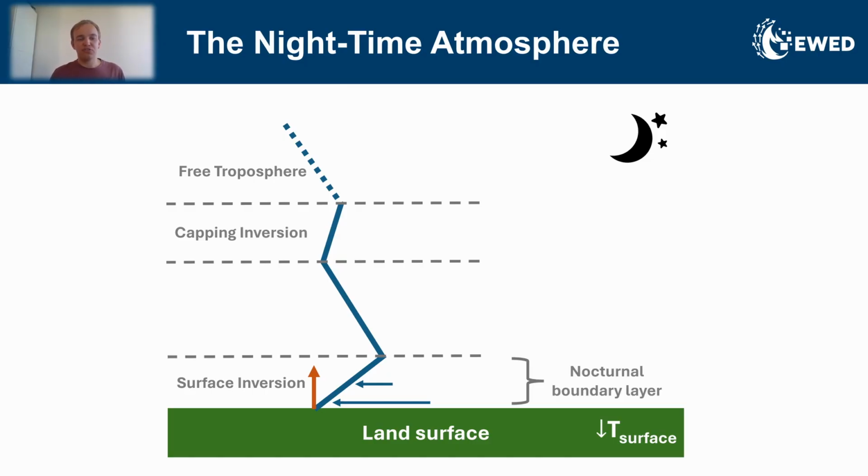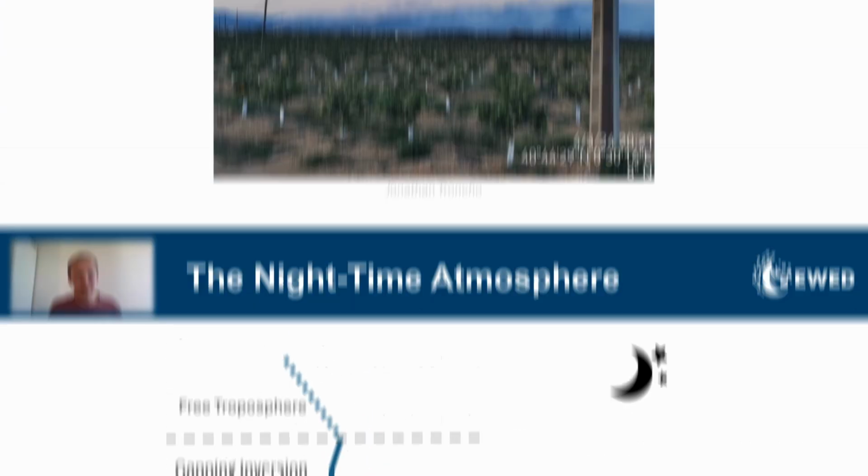This layer, the surface inversion, is what we refer to as the nighttime or nocturnal boundary layer, and is known to inhibit any vertical motions. Above this, between the surface inversion and the capping inversion, we find the layer that is left over from the previous daytime. And we very intuitively call this the residual layer. This is the layer that is the residual from the previous day.